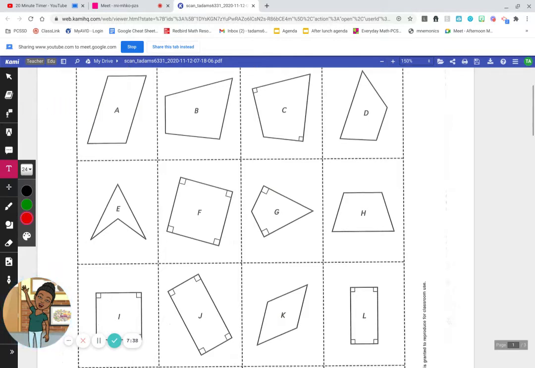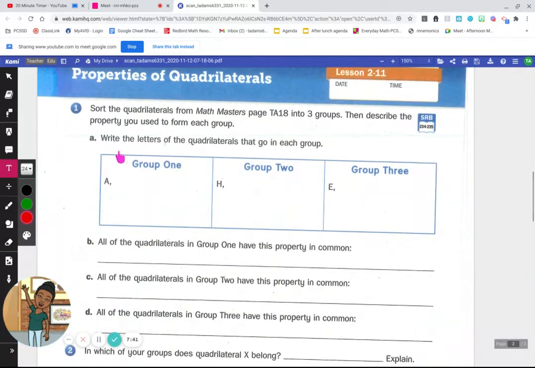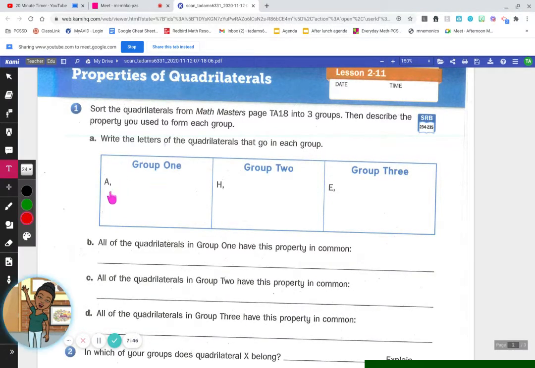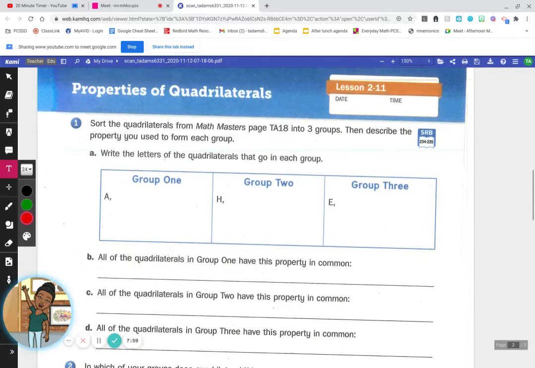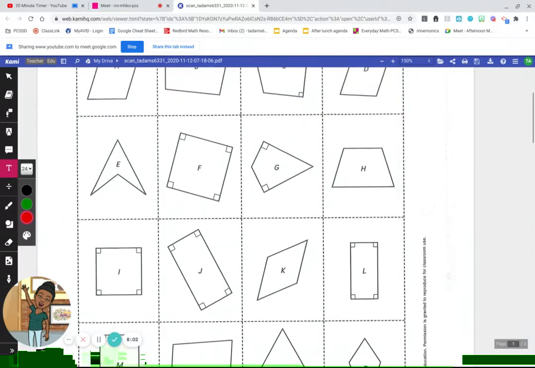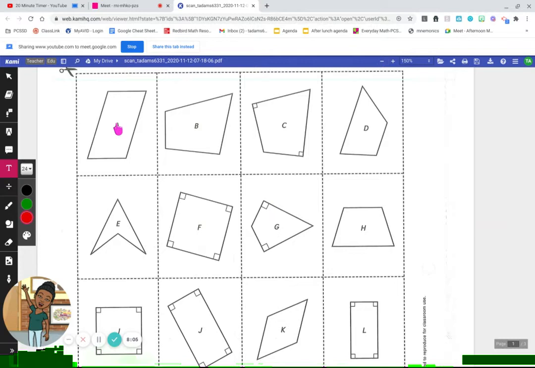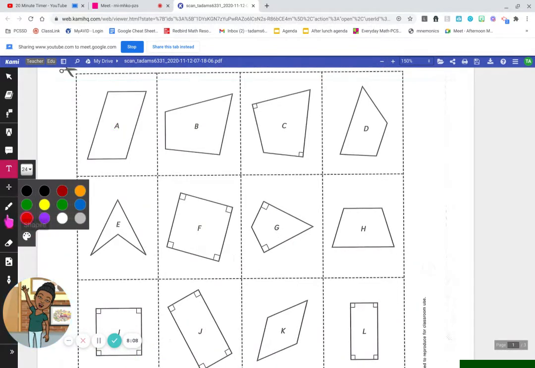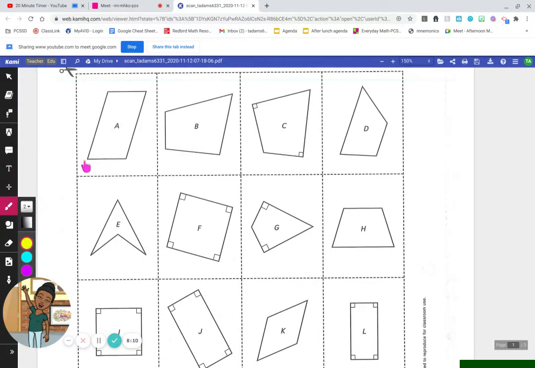When it comes to quadrilateral A, we can see on page 2 that A is already in group 1. So we know all of the quadrilaterals in group 1 have this property in common. Let's look at quadrilateral A to see what properties it has. I'm looking at the lines.